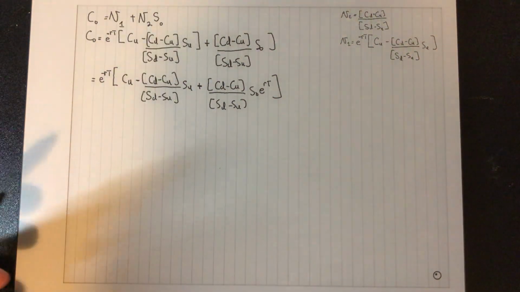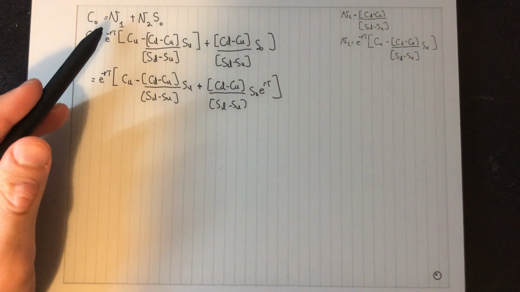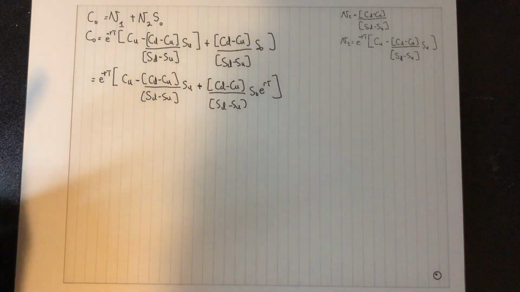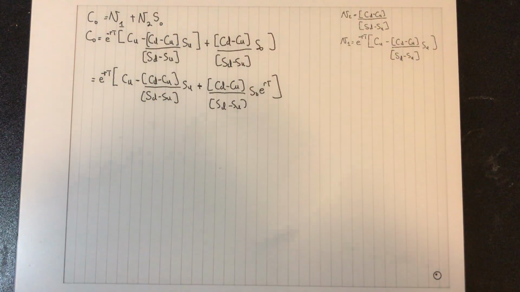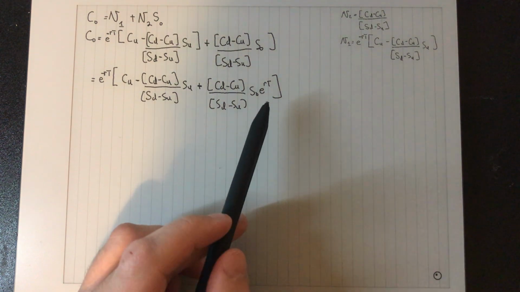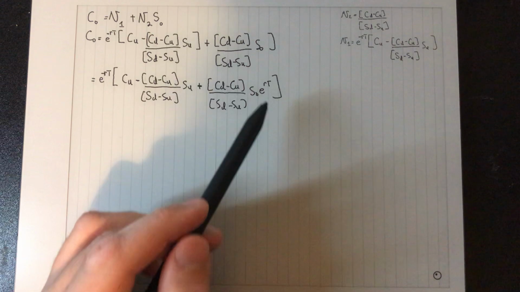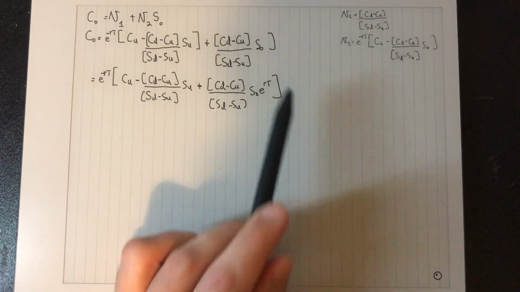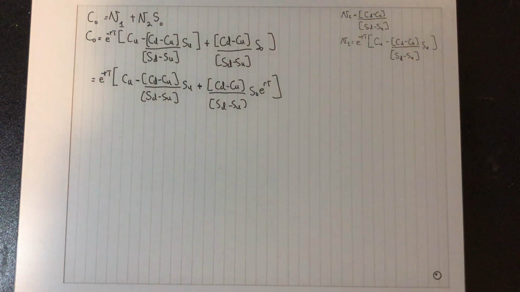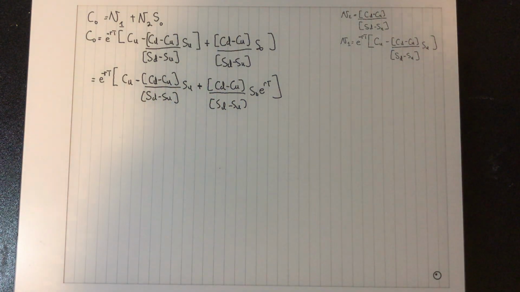So I'm taking it step by step. All I did was take e to the power of negative r capital T outside and have those both in just basically one equation or one bracket rather. And just to not change the actual formula, I just multiplied this component over here by e to the power of r capital T. So the next step that I will be doing will be to combine the common factors over here.